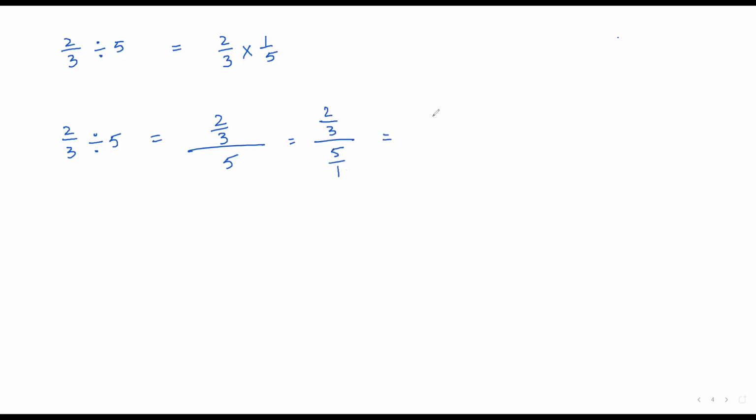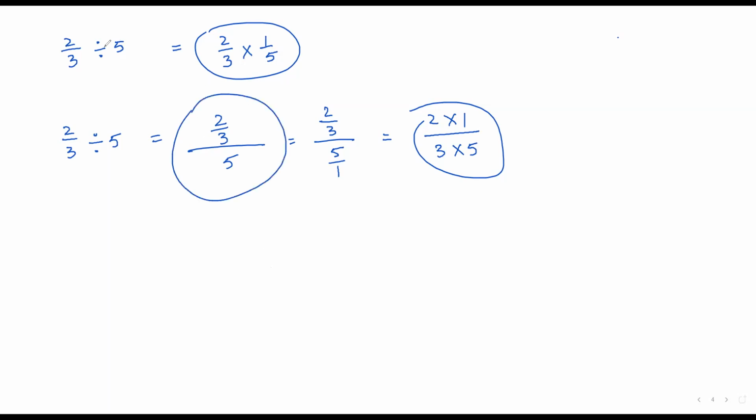So basically this will be 2 into 1 divided by 3 into 5. Isn't it, Adil? Yes, the outer numbers together, the inner numbers together. So don't you think they're looking the same? Yes, Adil? So ultimately you are going to get the same thing. Either way you can do it, no problem. You can actually divide it or you can simply change the sign into multiplication. You will get the same thing. So I hope it is clear to all of you now.